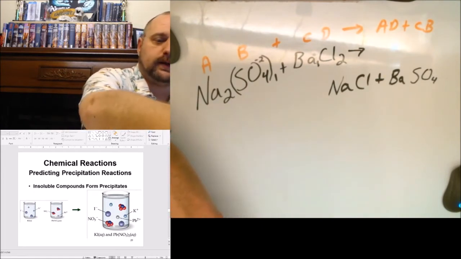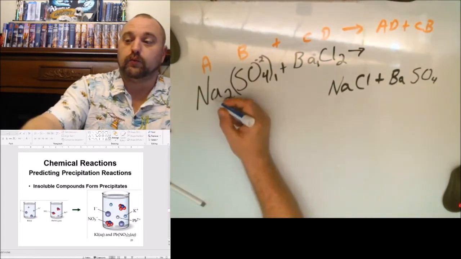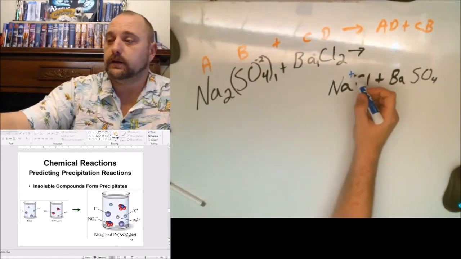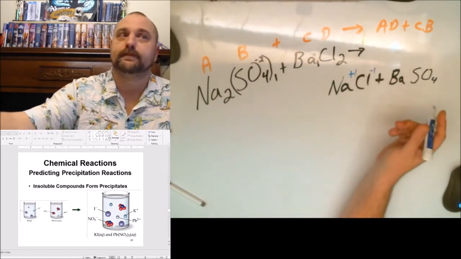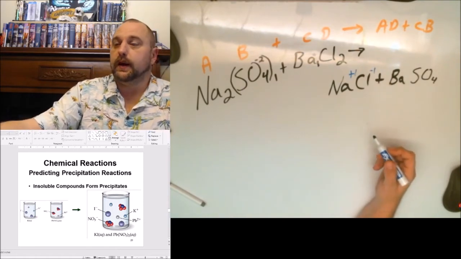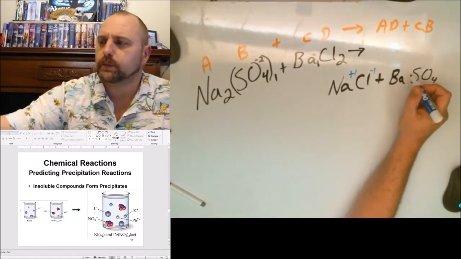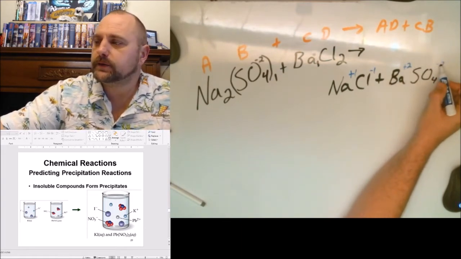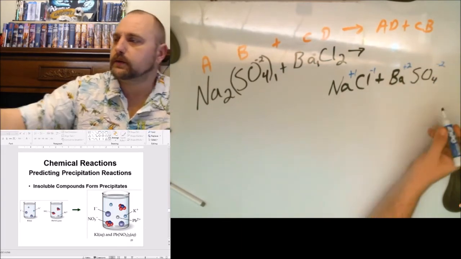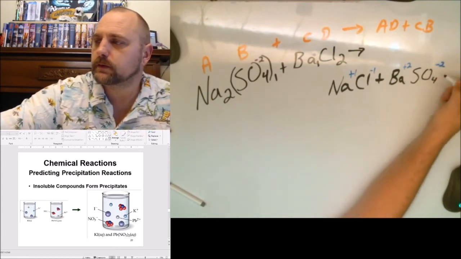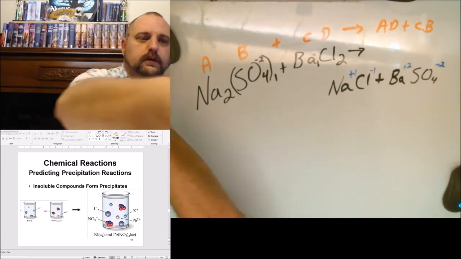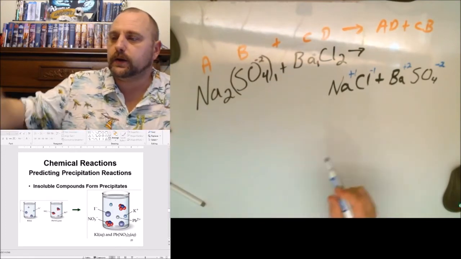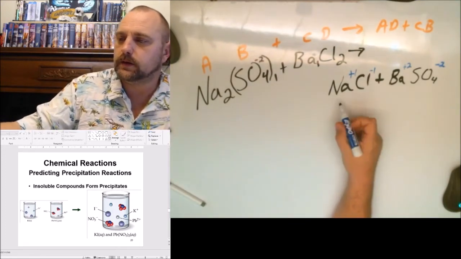So I'm going to go ahead and find these charges. Na is in group 1, it's a +1. Cl is a -1. I'll go ahead and write those -1. Ba is in group 2, so barium is a +2, and sulfate's always a -2. Alright, let's look at crisscross.